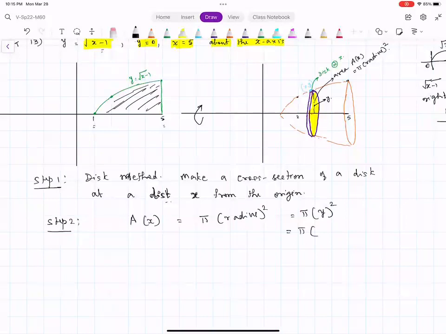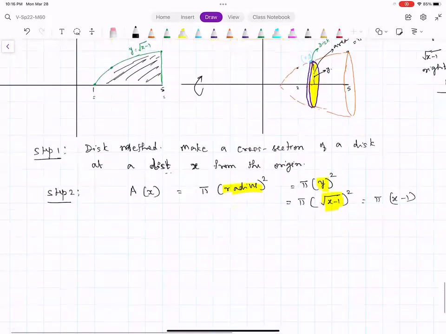What is y equal to in the problem? y equals the square root of x minus 1, and that is being squared. The square and the square root cancel out, so A of x is pi times x minus 1.